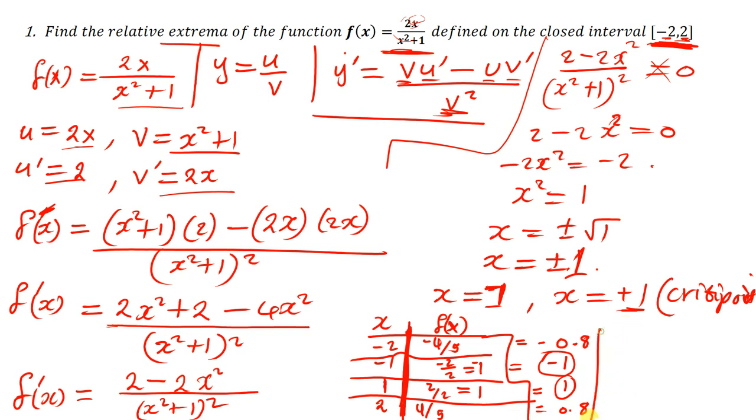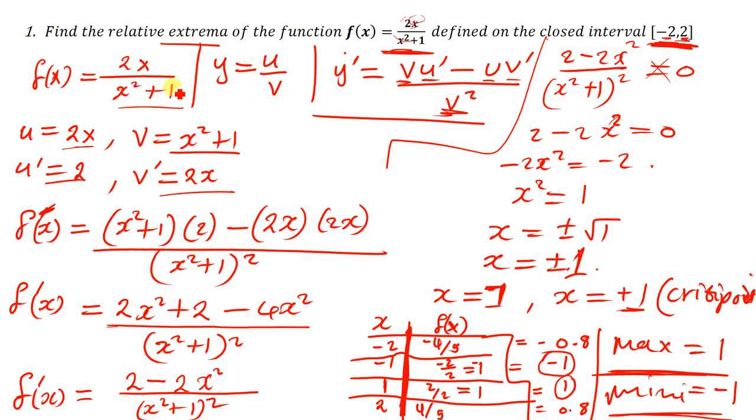So the maximum is simply equal to 1, and the minimum is simply equal to negative 1. So these are the relative extrema which they want us to find. Alright, so this is exactly how you solve these types of questions.